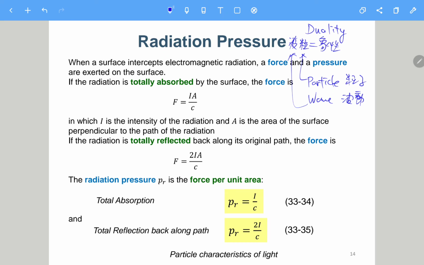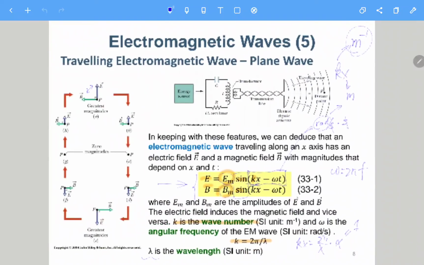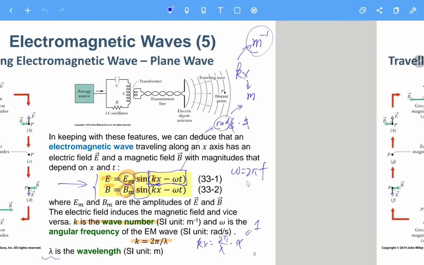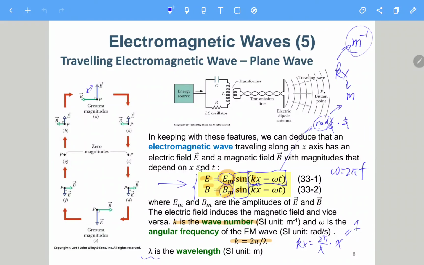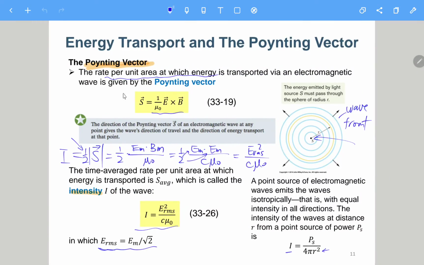Sometimes the EM wave has the property of a wave, like this one. You can see this one is actually a wave. If you plug this E and B into this expression, the Poynting vector is also like a sine wave, because it's just like a sine square of something.